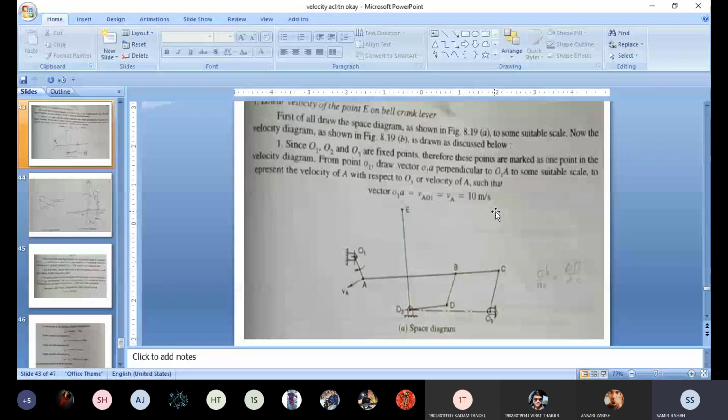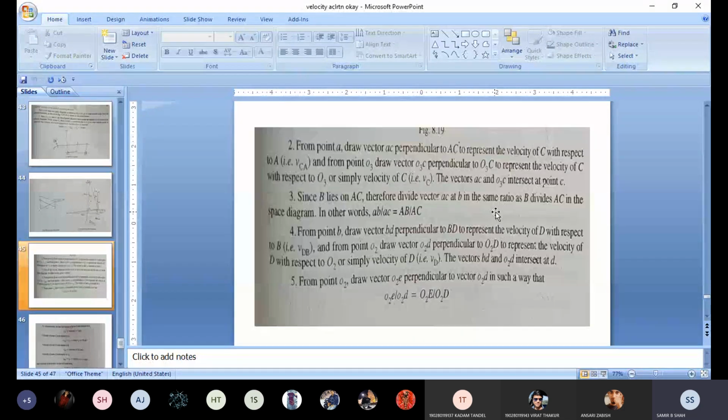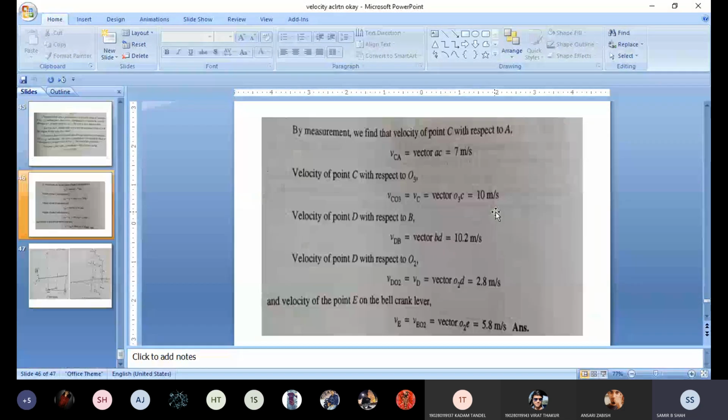After that, the velocity of AC is 7 meter per second. So the radial part of AC is equal to V square AC by AC. So 7 square divided by its length in meter, that is 0.7. So we are getting 70 meter per second square.